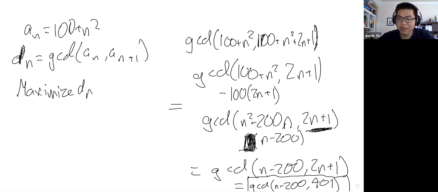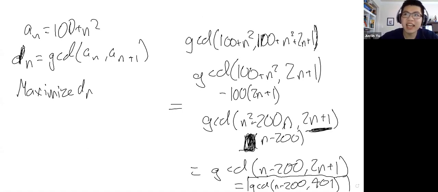This number right here. If n is like 601, it has to be this, because the GCD, like a divisor of 401, is going to be less than or equal to it. So does everybody understand that problem?